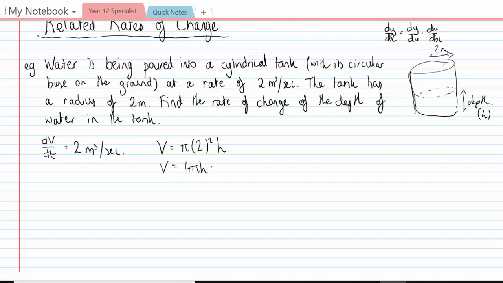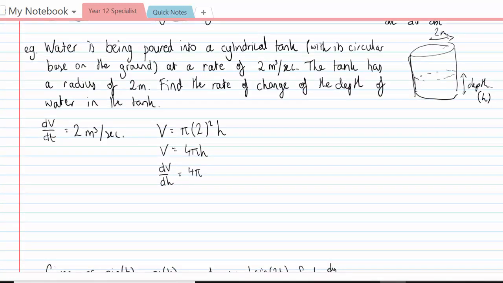Now, if the volume is 4 pi h, then that means I can get dV/dh, which is just going to be 4 pi. And I could put the units on here. It's volume with respect to height, so that's going to be meters cubed per meter.